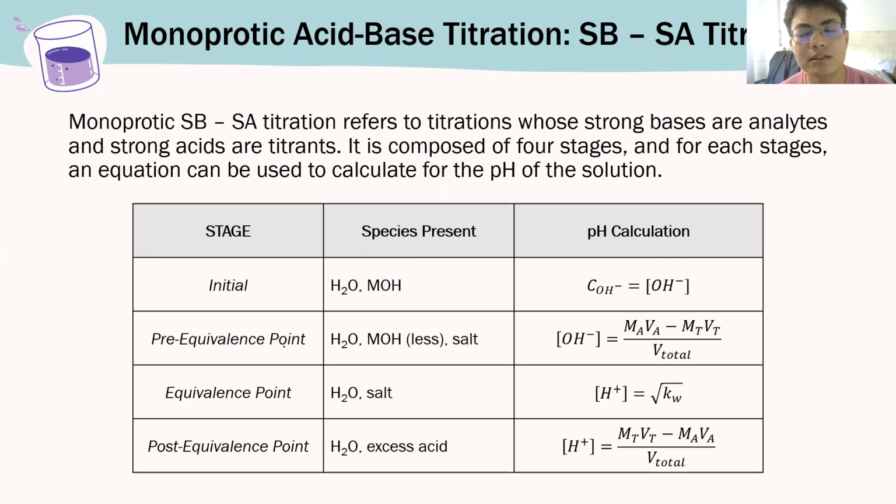And again, at the equivalence point, everything will be neutralized. So it's just the water that will predict the pH of the solution, which is 7. And then finally, at the post-equivalence point, you have too much acid naman. Okay? So for strong acid, strong base titration and strong base, strong acid titration, the equations are very related to each other. No? And it's pretty straightforward naman.